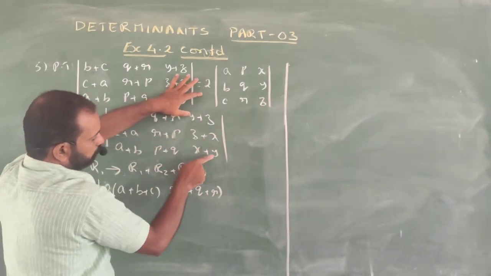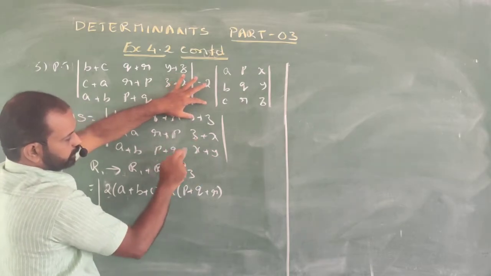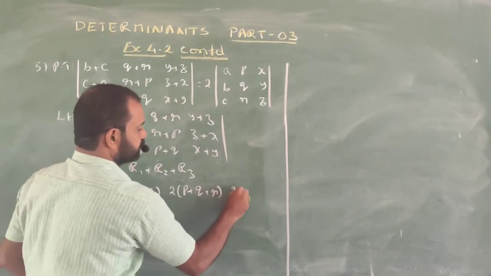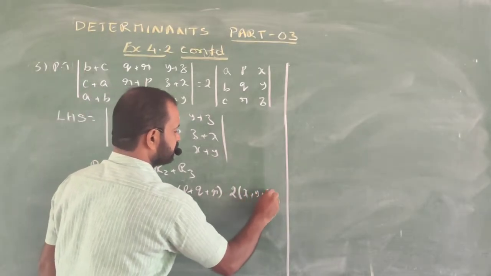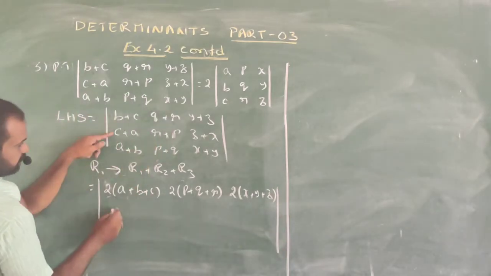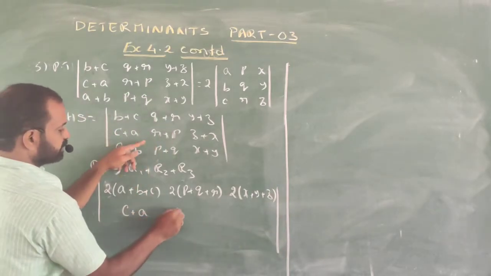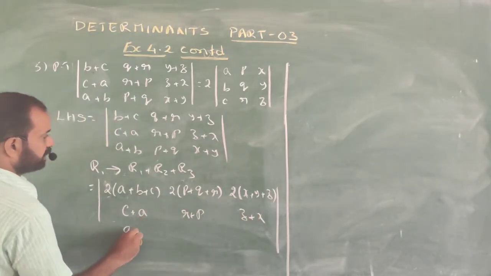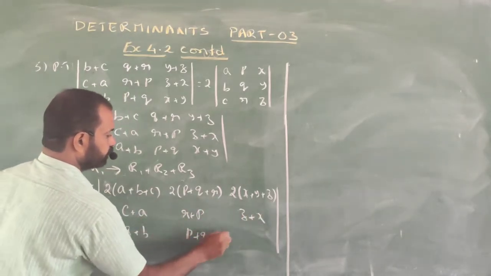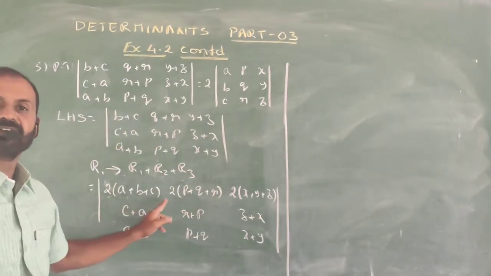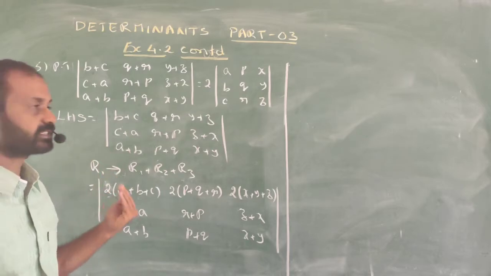Here, adding R1 plus R2 plus R3, 2x plus 2y plus 2z, 2 into x plus y plus z. Now, the rest, R2 and R3, as it is: c plus a, r plus b, z plus x, a plus b, p plus q, x plus y.